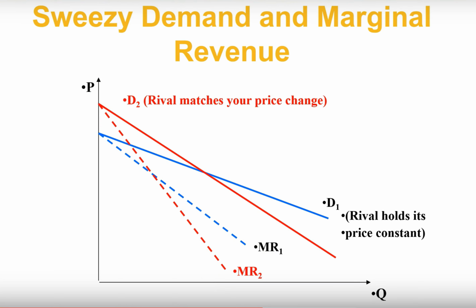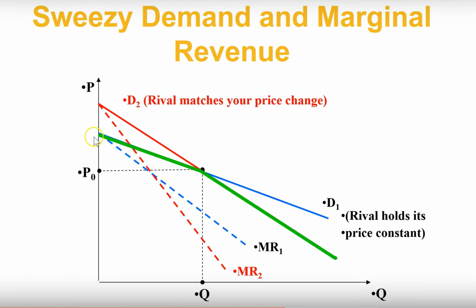But only parts of each curve are going to be relevant. So let's start where the two curves intersect. And what would happen if we raised price? If we raise price, our rivals will not match our price increase. So we're going to be moving along the flat demand curve, this part. When we lower price, we're going to be moving along the steep demand curve because our rivals will match our price change.